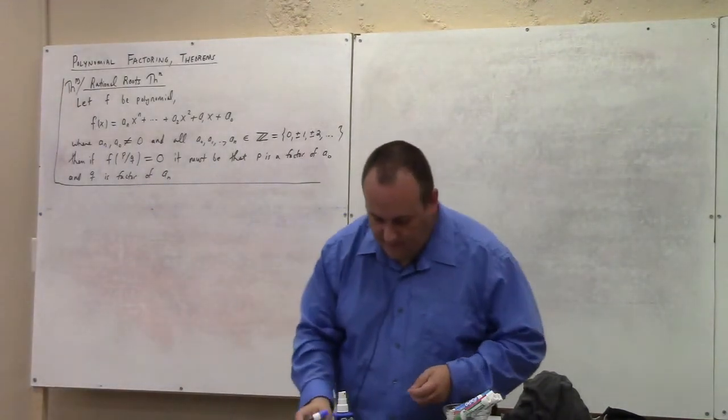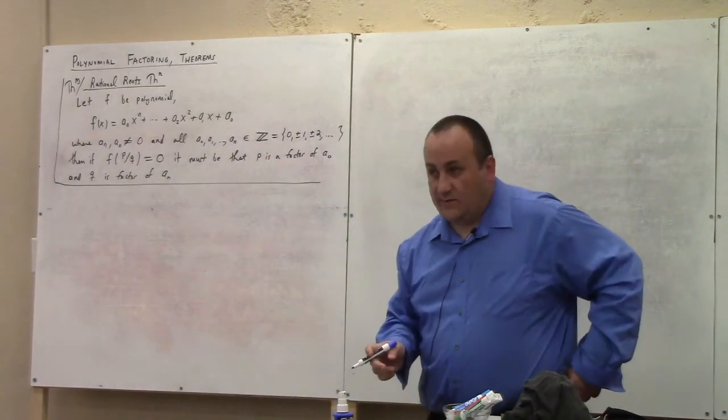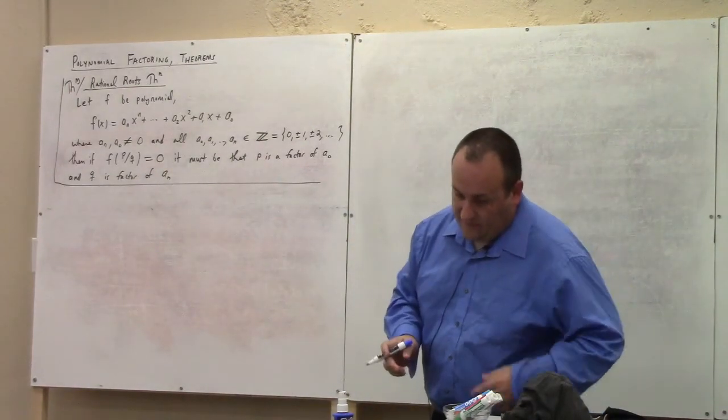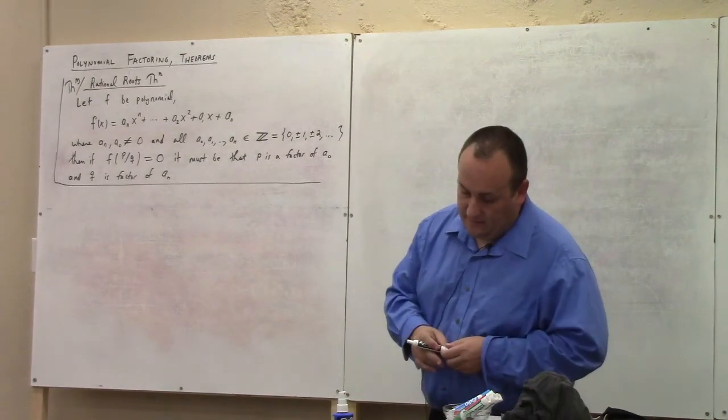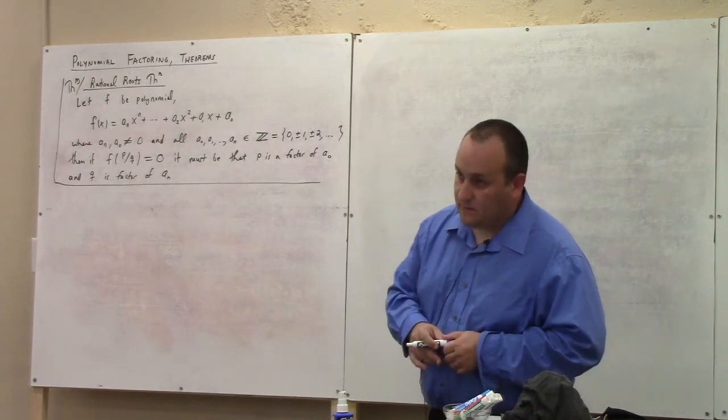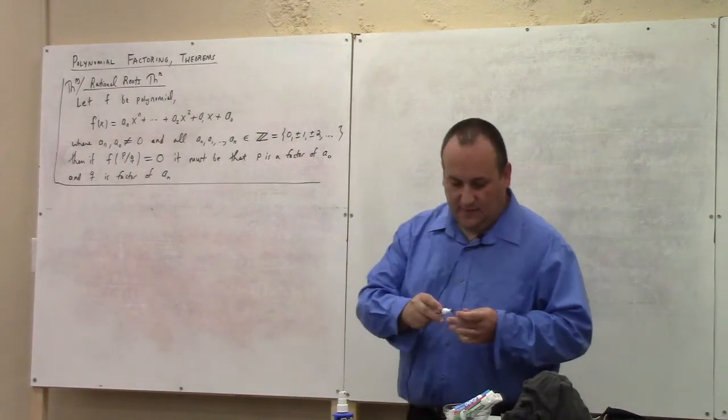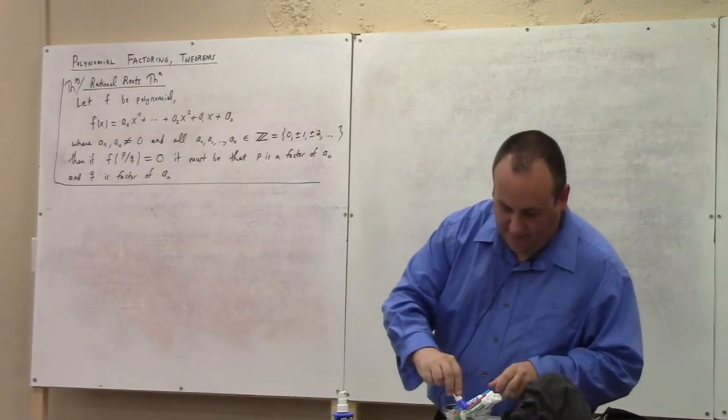So we put it into words. What we can do is we can look for possible ratios formed by factors of the constant coefficient divided by factors of the leading coefficient, right? So that gives us basically a method.